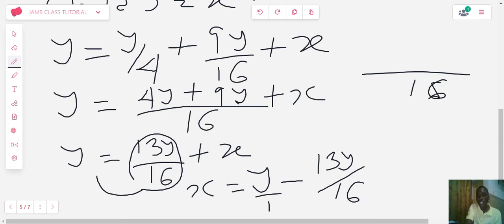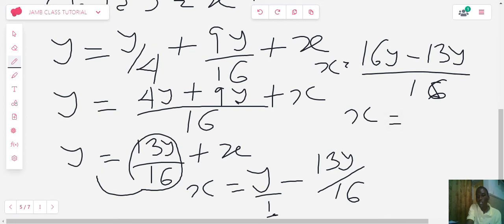We're going to have 16 as the denominator. 16 divided by 1 is 16, 16 times y gives 16y, minus 16 divided by 16 is 1, 1 times 13y gives 13y. So 16y minus 13y, we are going to have x equal to 3y divided by 16.